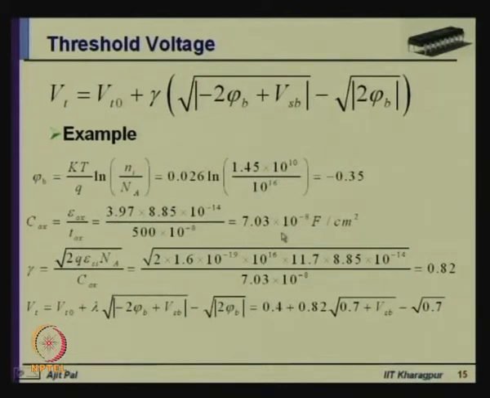See, this is phi b is minus 0.35, and COX is equal to epsilon OX by TOX, and this is the value 7.03 into 10 to the power minus 8 farad per centimeter square, and you can substitute the various values to get gamma. Gamma becomes 0.82.